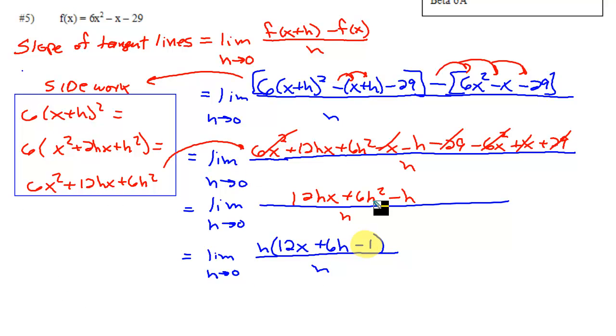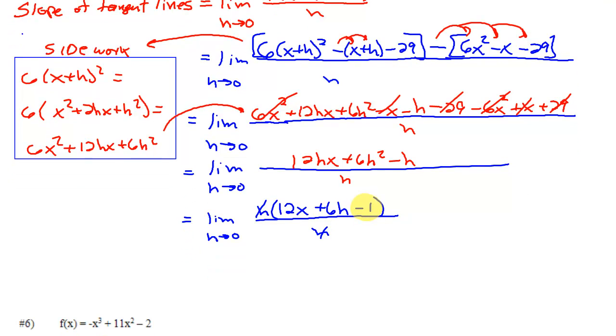If you made a mistake on this problem, it was likely there. When you're subtracting an h and you factor an h out of it, that means you're dividing it by h. You're left with a 1. h's cancel. So now we have the limit as h approaches 0 of 12x plus 6h minus 1.